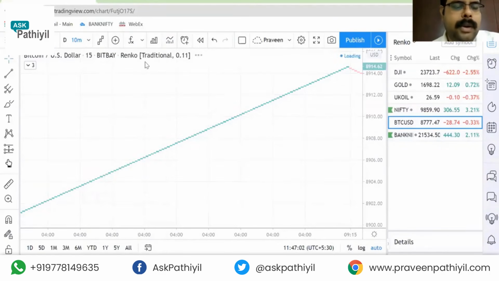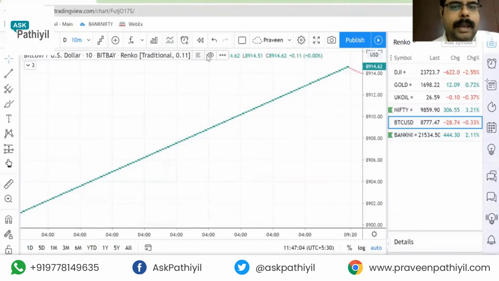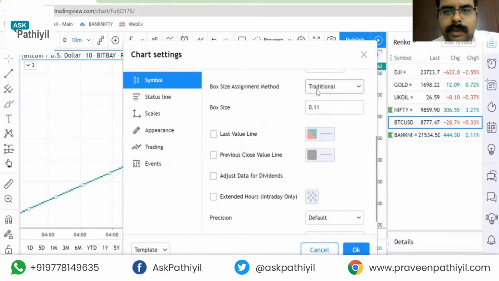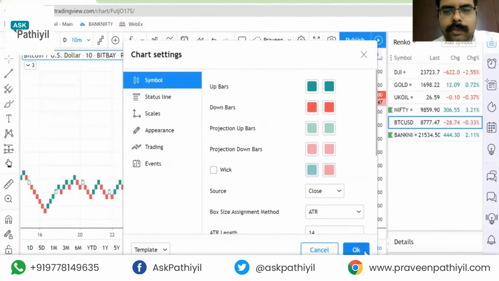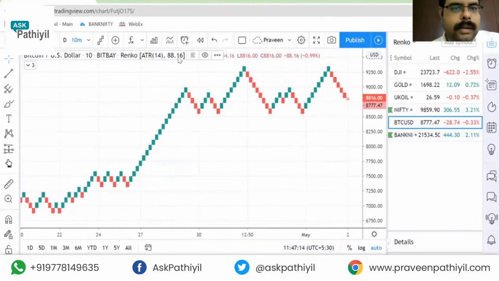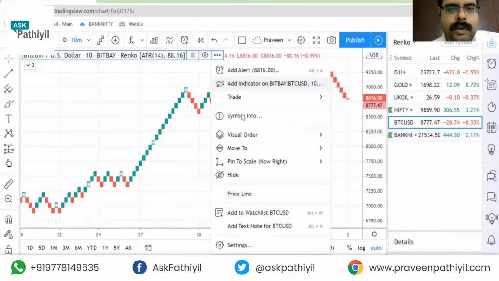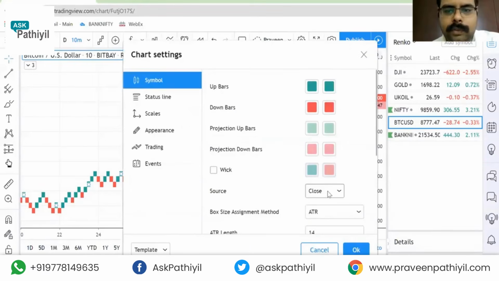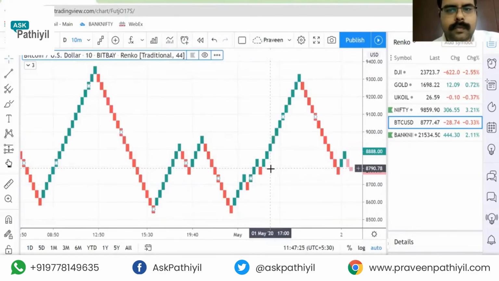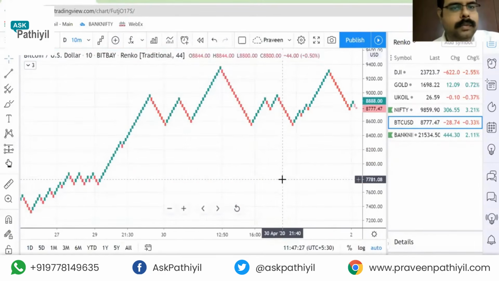I'm trying out different time frames. So ATR 14 for this particular Bitcoin instrument on 10 minutes is 88. I'm just going to divide it into half, which is 44. Here you go.